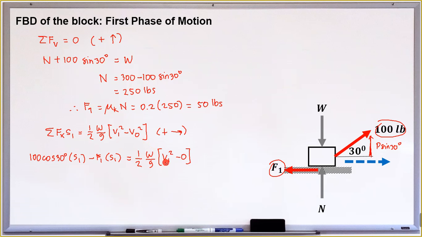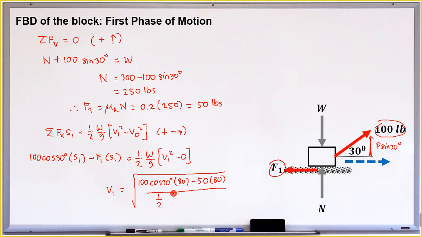So, solving for v1 squared, we have v1 is equal to the square root of, on the left side we write first 100 cosine 30 degrees times S1, the first displacement, which is 80 feet, so times 80, minus the frictional force, 50 times 80, divided by 1/2 W over g.